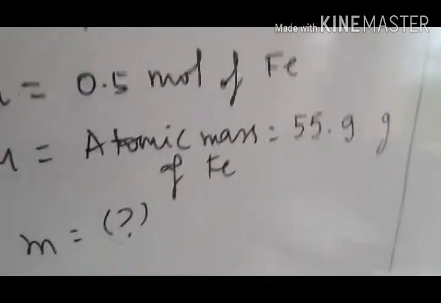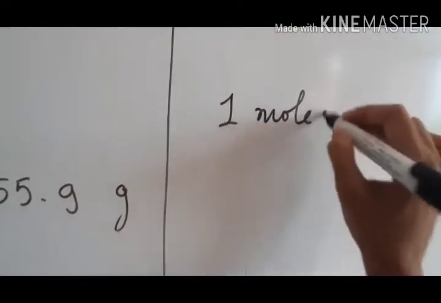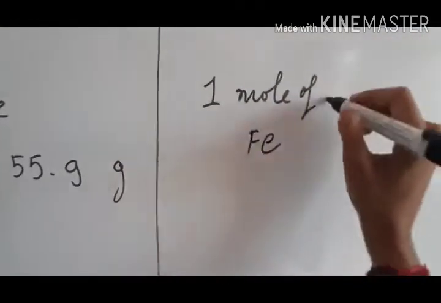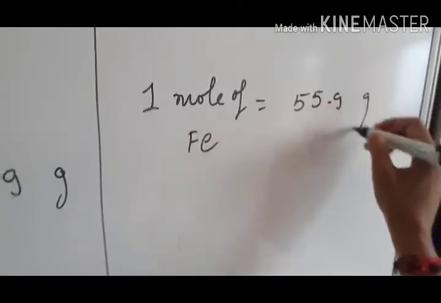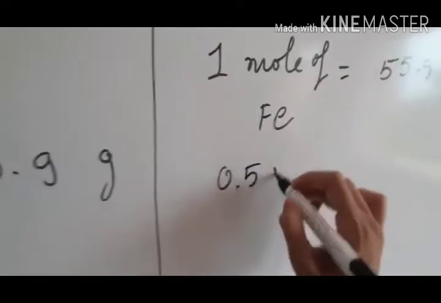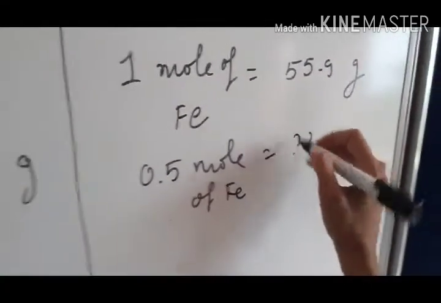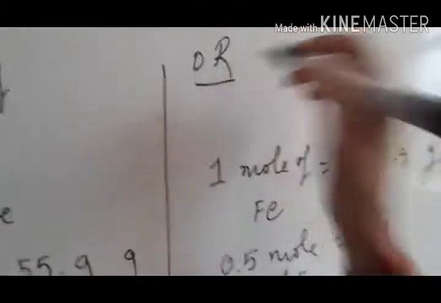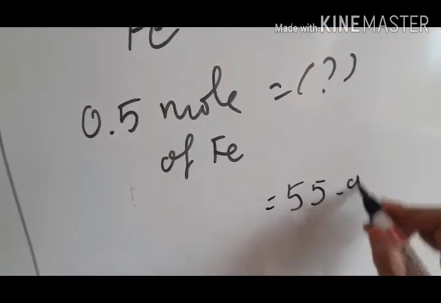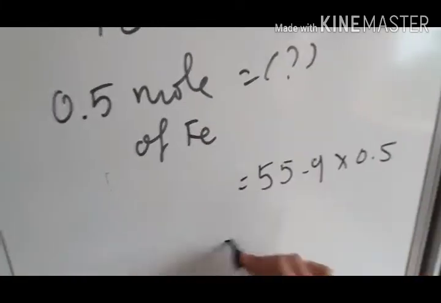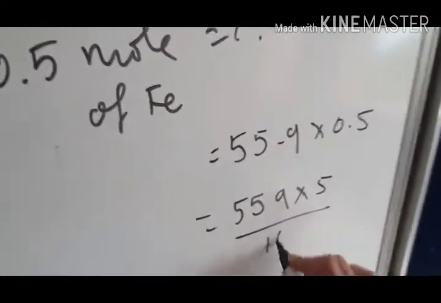Okay, you can directly do this calculation: 1 mole of Fe is equal to 55.9 gram. So what about 0.5 mole of Fe? Okay children, that is also another calculation, or you can write this also: 55.9 into 0.5, that is equal to 559 upon 5 upon 100.